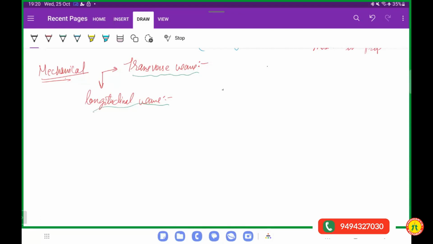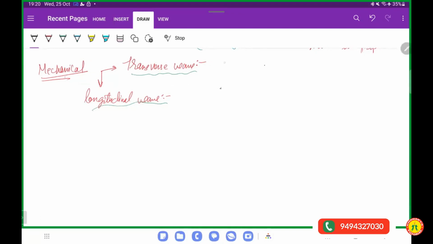So, in a transverse wave, the particle oscillates in a direction perpendicular to the wave motion or propagation.